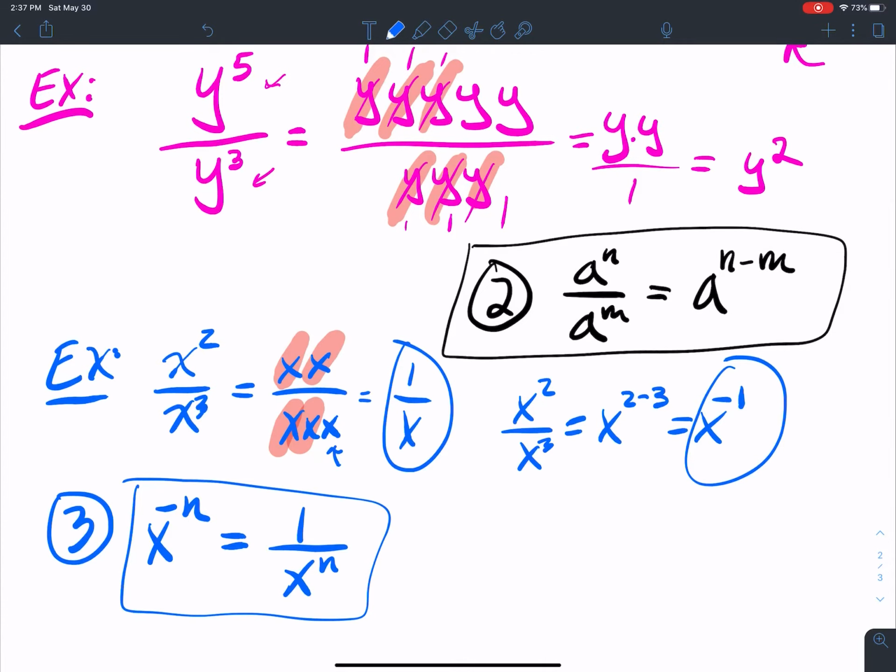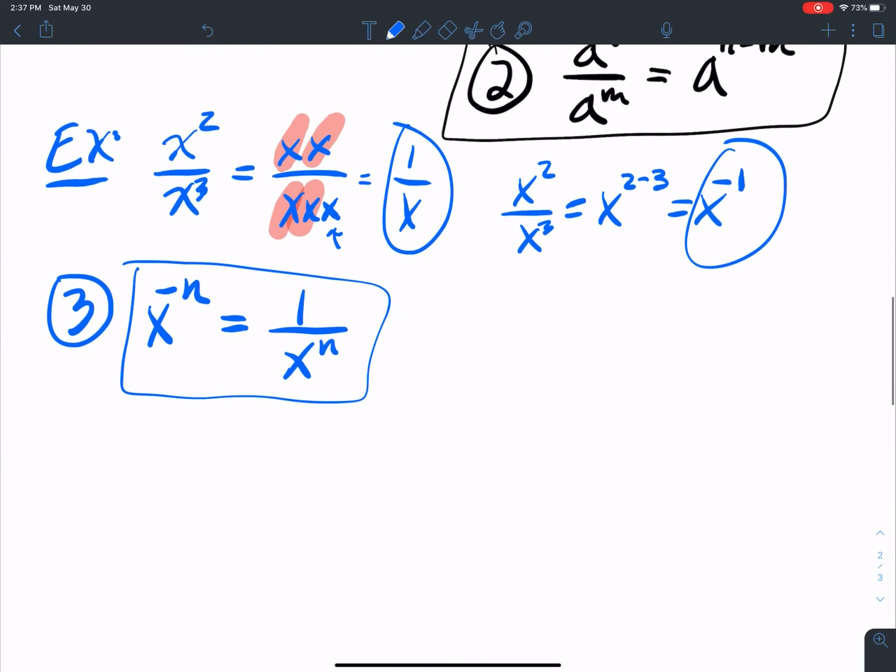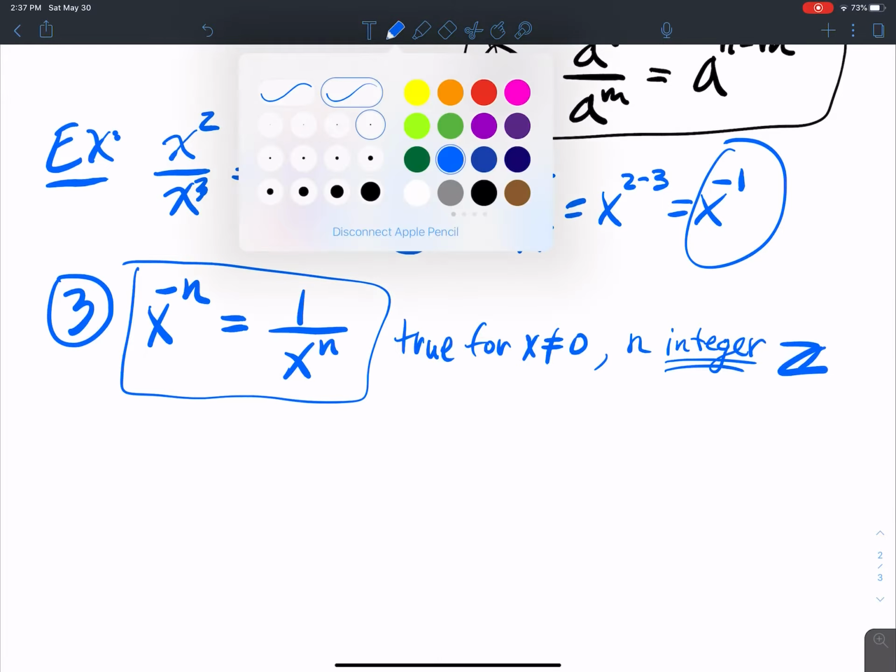Okay, so there's another rule for you right there. Now, this is true for x not equal to 0. If x equals 0, can't divide by 0, okay? And n is an integer. Now another fancy script for integer is z. I don't typically do that, but just in case you ever did see a z, that means integer there. Okay? All right, let's try another one.